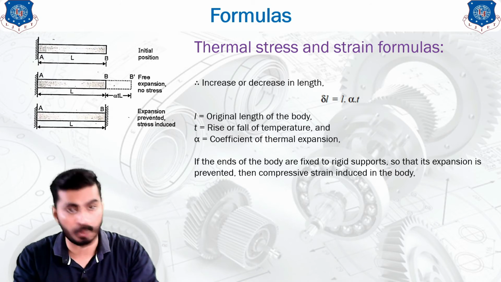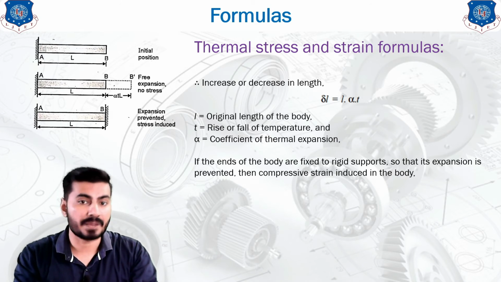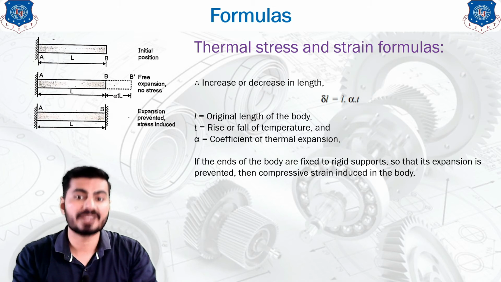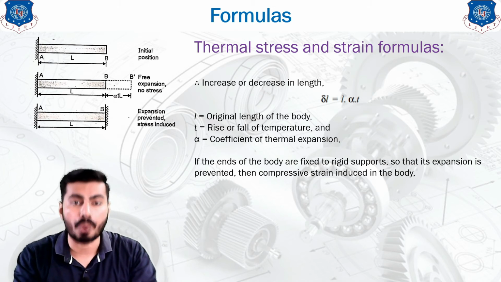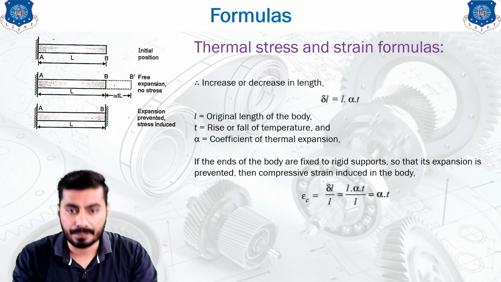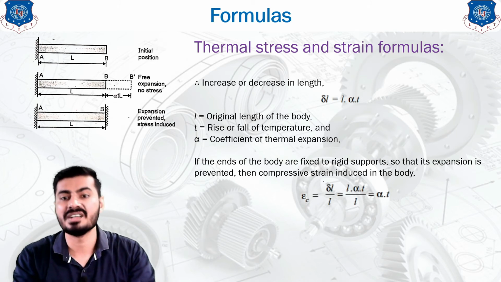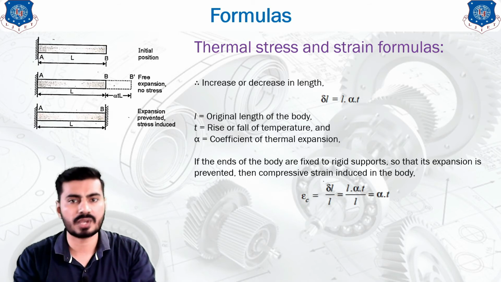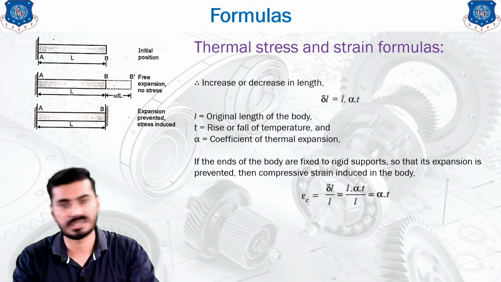So, let's move on to the next step. If the ends of the body are fixed to rigid supports, so its expansion is prevented, the compressive strain induced in the body can be calculated as epsilon compressive equals delta L upon L. This is the very basic formula of strain: the change in length upon original length.